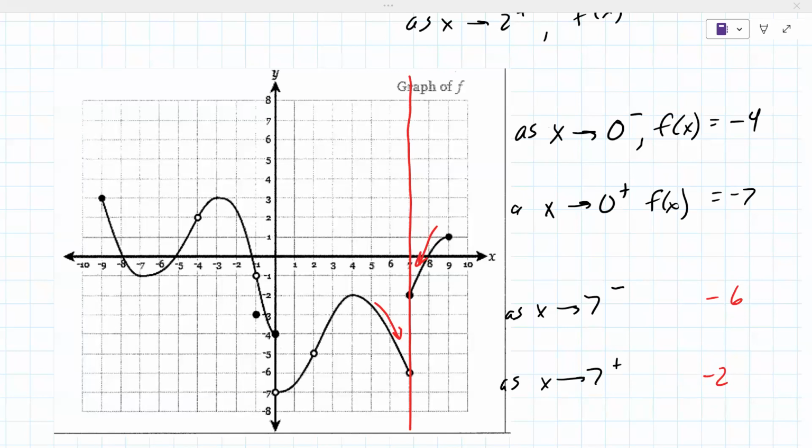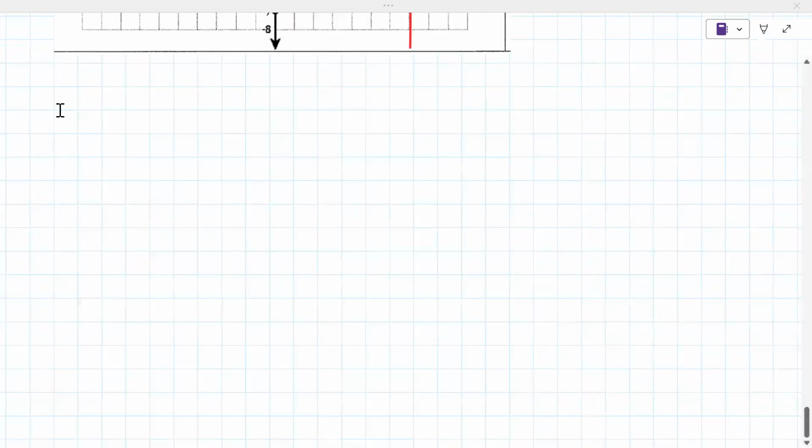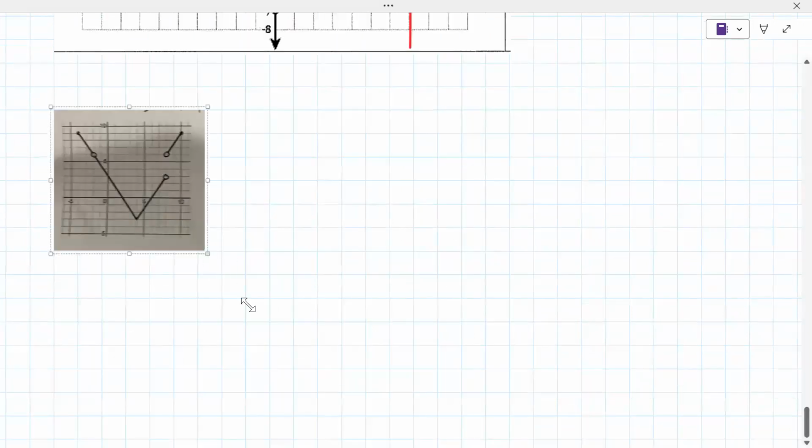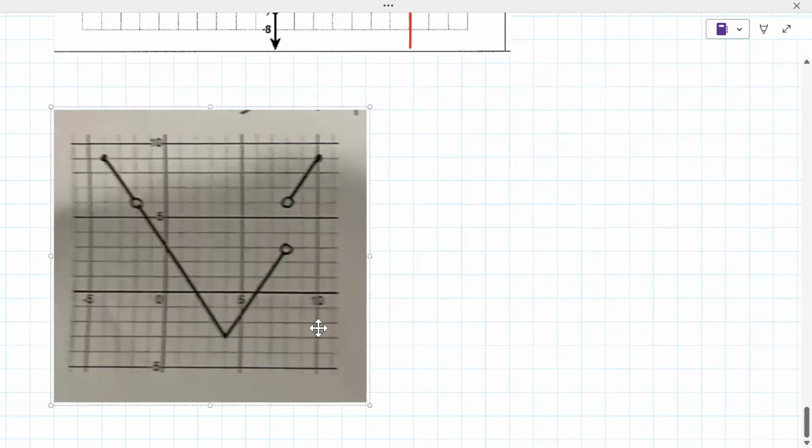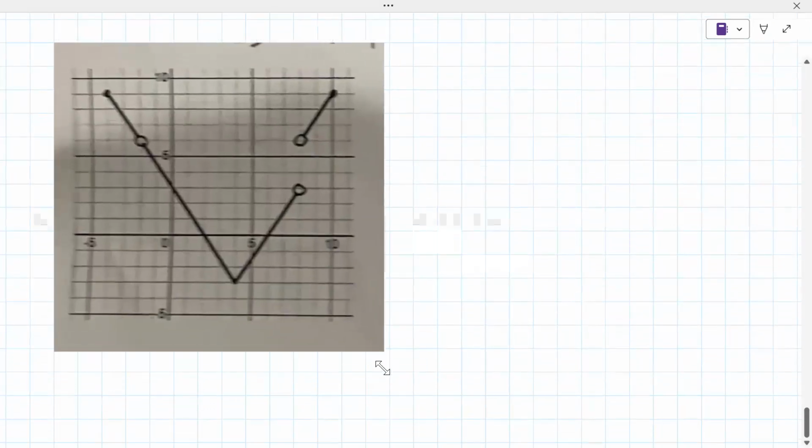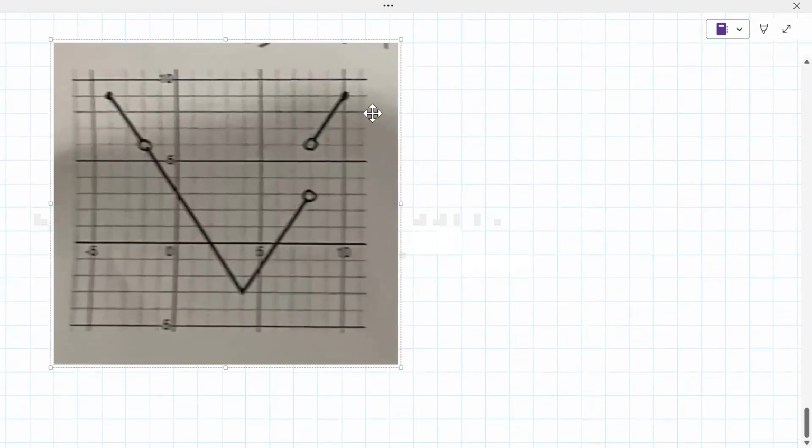All right, here is one. This time I won't give you the x value. You have to decide what the x value is. Like, where is the middle behavior?